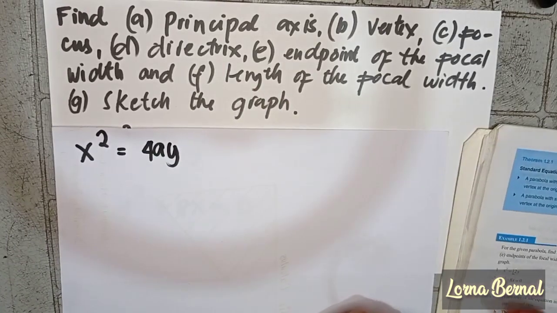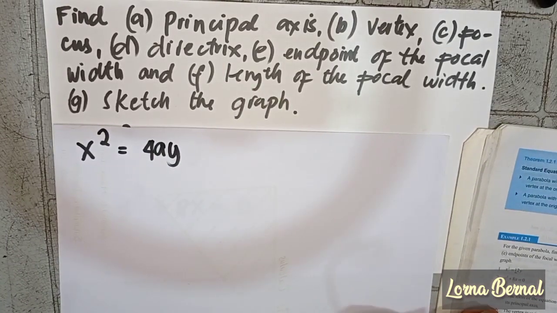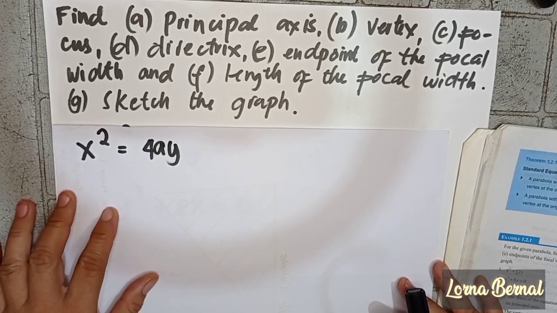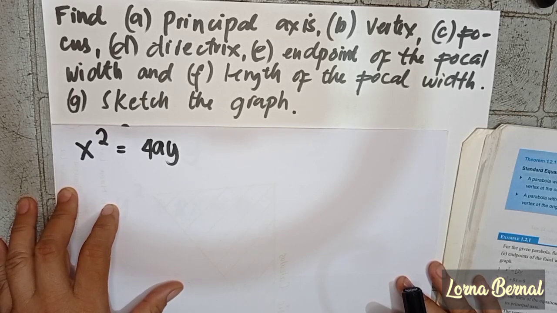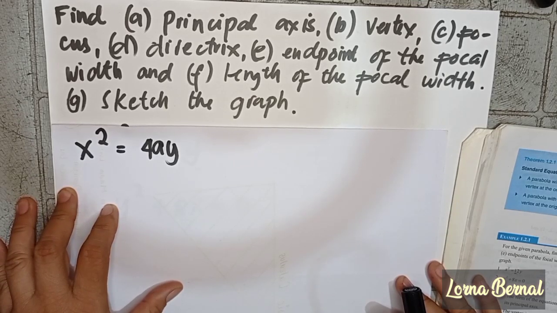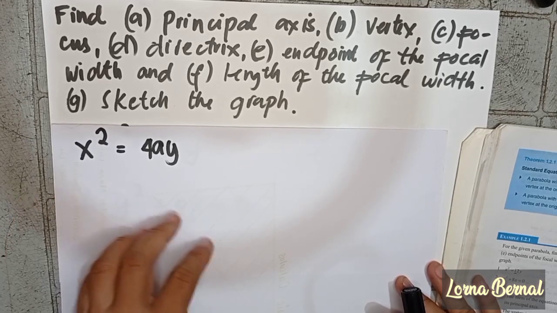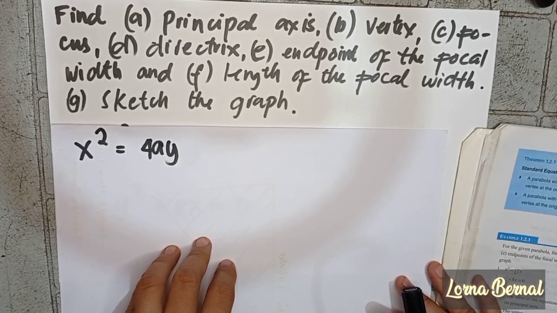When a parabola has the standard equation x squared is equal to 4ay, it has the y-axis as its principal axis, the vertex at the point of origin, and the focus at 0, p. Kindly check your modules because you have that already.